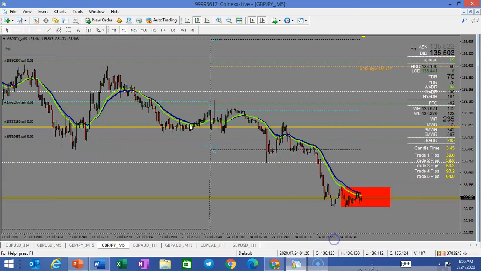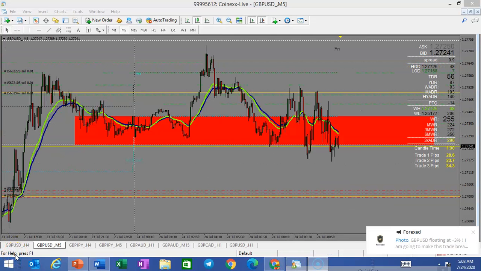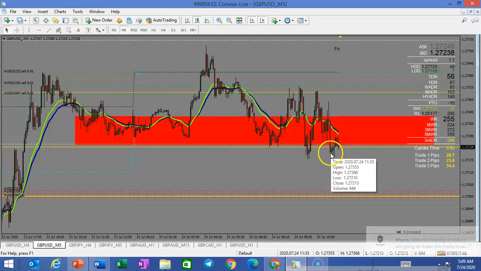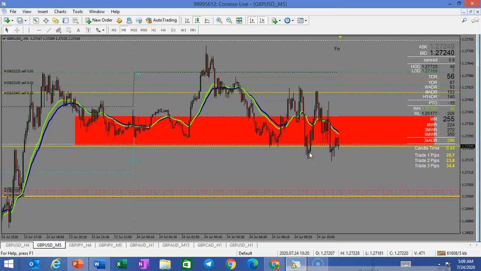Okay, so we're still waiting. Okay, finally, on the 5-minute chart, we got our close below the red box here. We got a retest. We would have got in here.